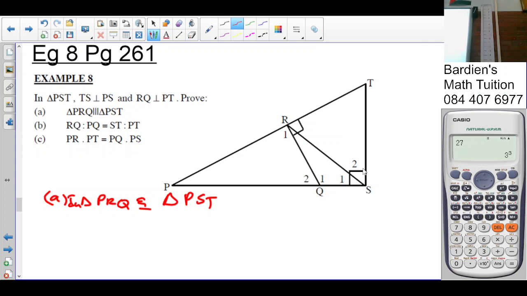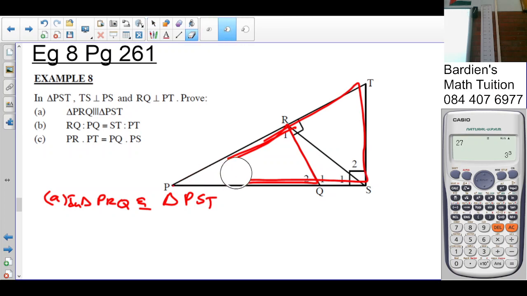So what can we say about those two triangles? Remember, when we prove similarity, what do we prove? One of two things in a triangle. We either prove that all the angles are equal, or we prove that the sides are in proportion.